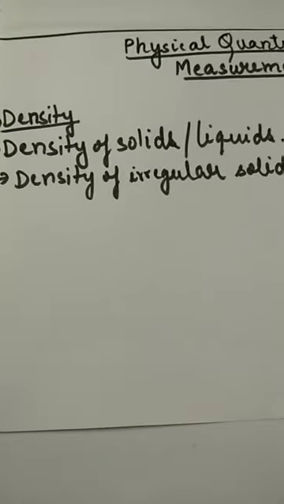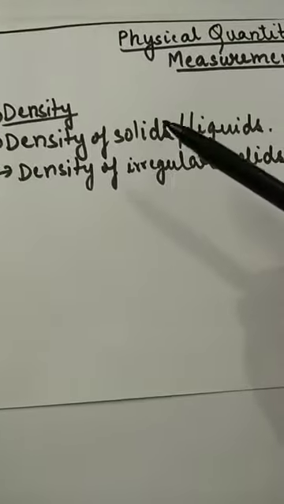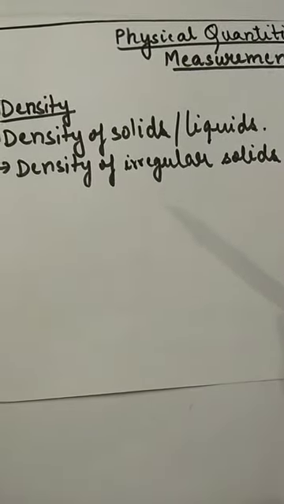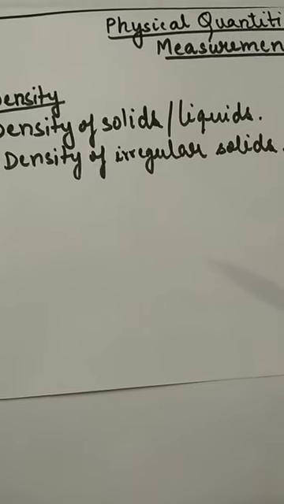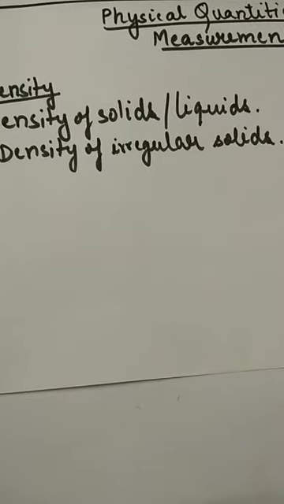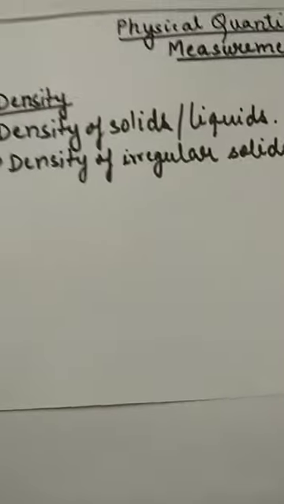We will study the density of solids, regular and irregular, and the density of liquids, and how to measure the density of a liquid with the help of measuring cylinders.